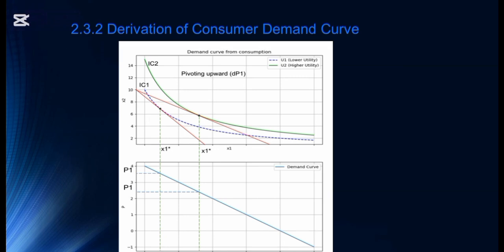Here, the top graph shows the shift through different indifference curves. On the other hand, the bottom one depicts the derived demand curve, which slopes downward, reflecting the law of demand.